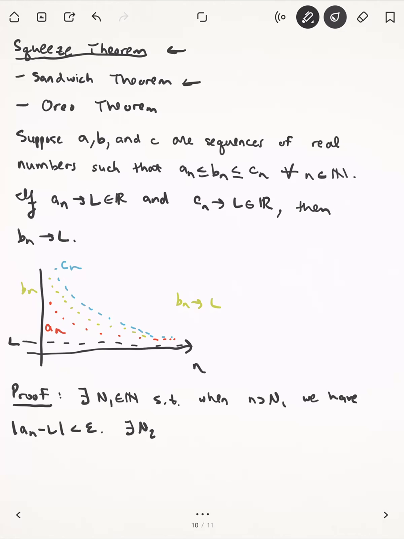There exists an N2 in the natural numbers such that when n is bigger than N2, we have that the absolute value of c sub n minus L is less than epsilon.